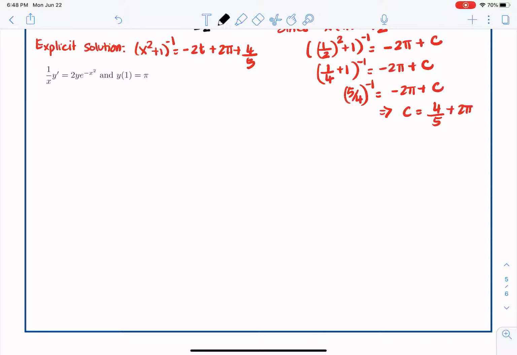So here we have y prime, which is dy over dx equals 2y e raised negative x squared. Let's multiply by x on both sides. Then divide by y.